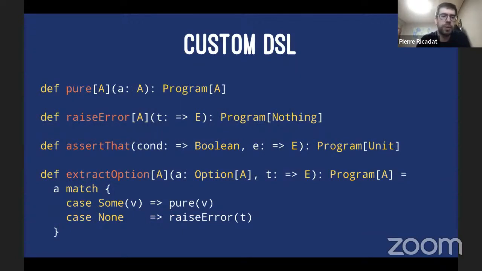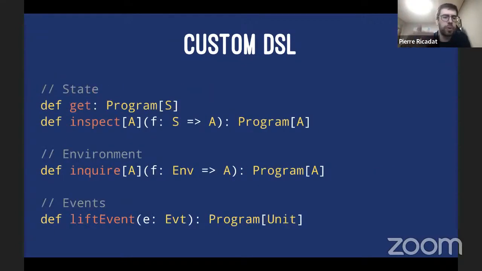We have this raiseError that fails with an error. We have assert to check a condition and fail. Extract option. We also have get and inquire to get the state or the environment. Lift event. We don't have a set state because you never modify the state directly. You can only lift an event, and the transition from this event will change the state.